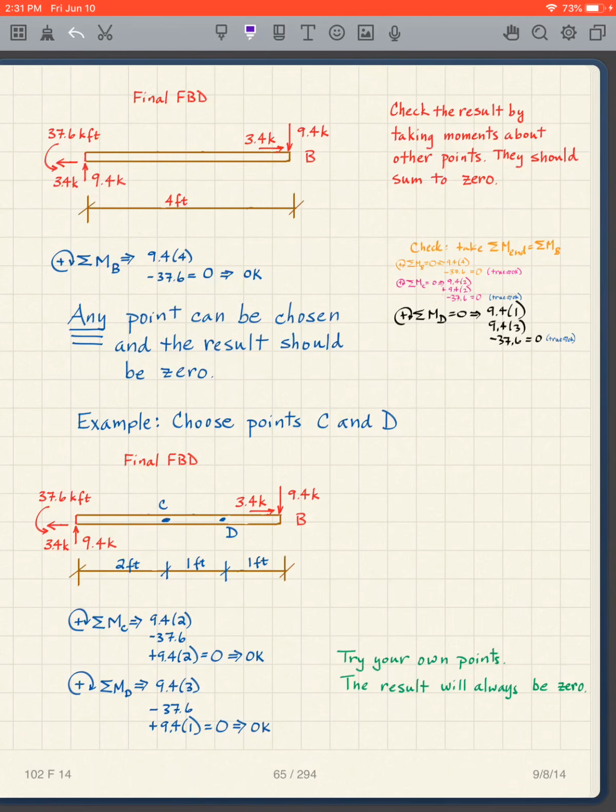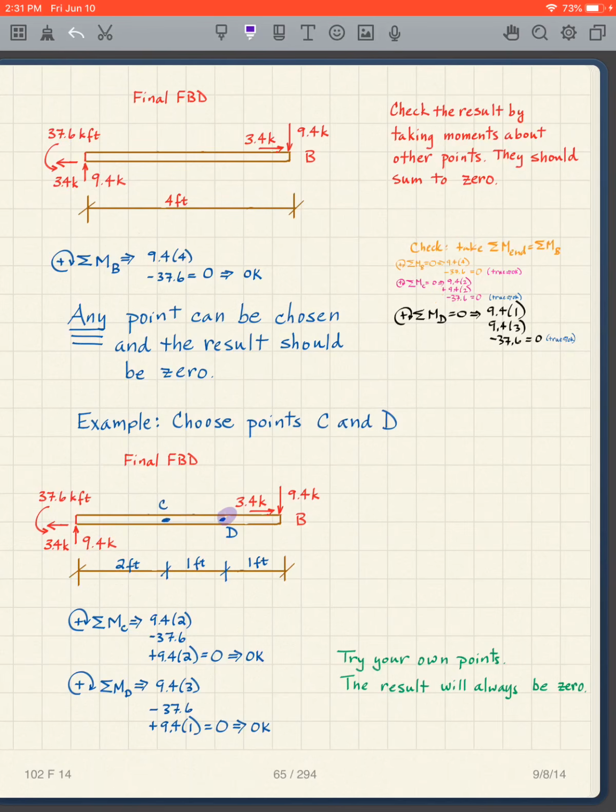So if I pick a point C here and I take the moments about C, I get 9.4 times 2, minus 37.6 because it's counterclockwise, 9.4 times 2, positive because it's clockwise, and I get 0. So it's okay. Sometimes there is round off. If you get round off, don't worry about it, but they should be pretty close to 0.